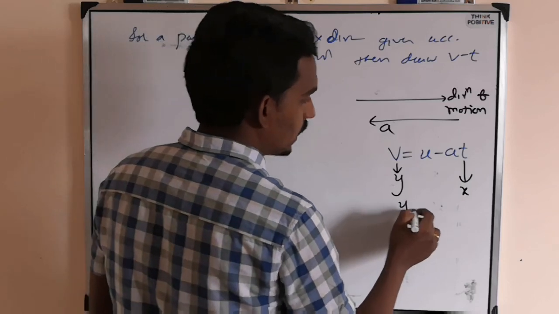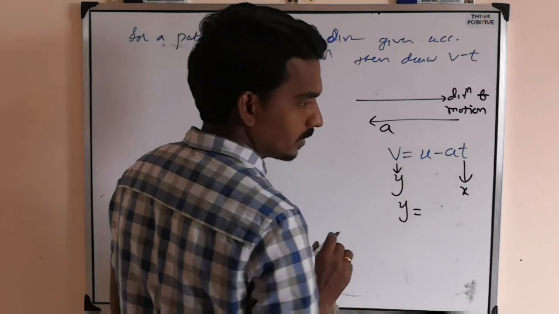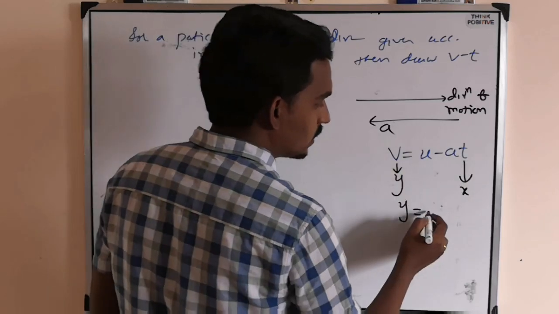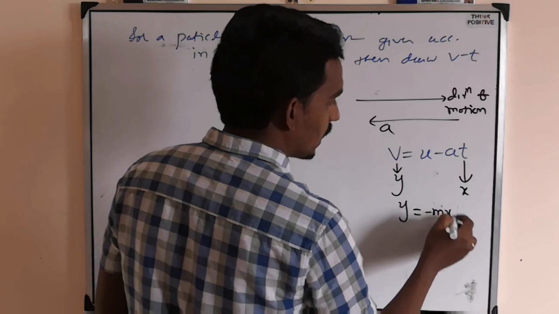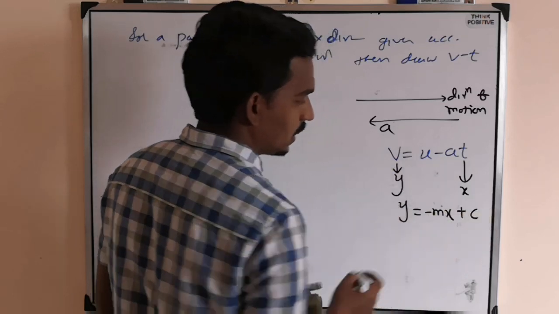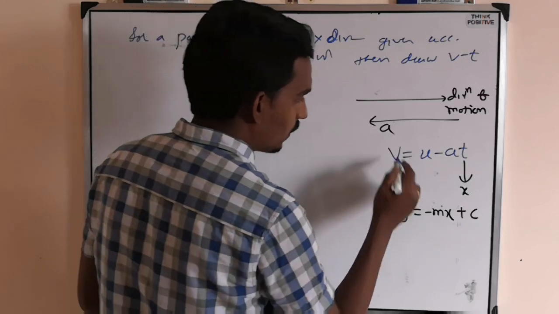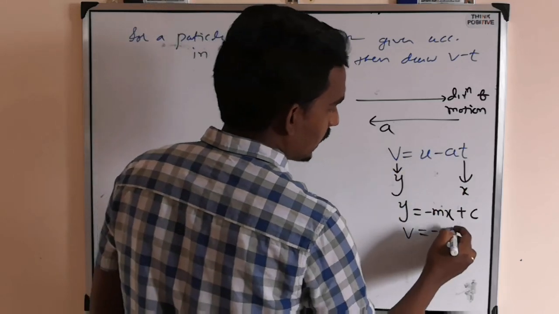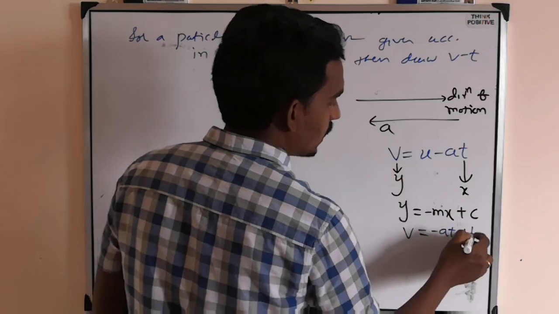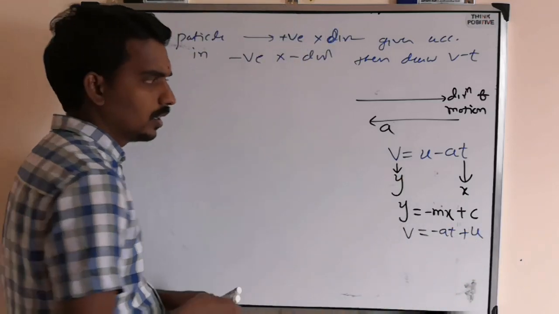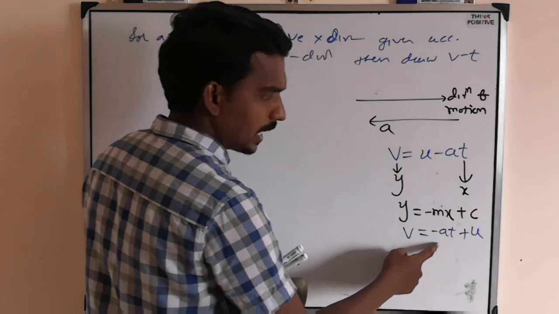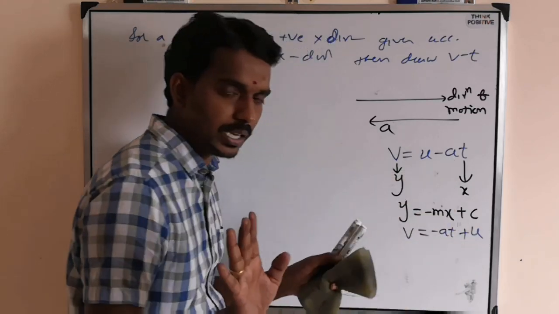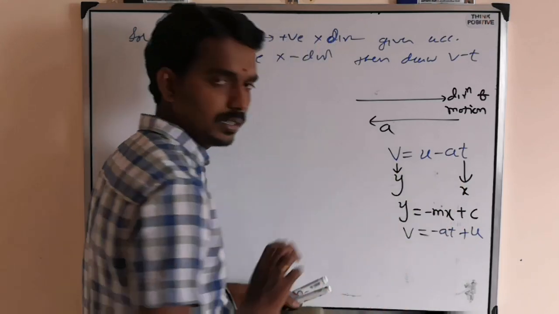So y equal to, this is x, the x coefficient is m. So minus mx plus c, where y means v, mx means at, plus c means u. I have written u minus at as minus at plus u, same thing.